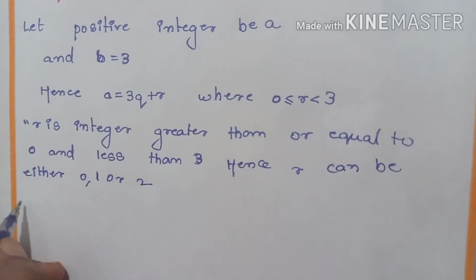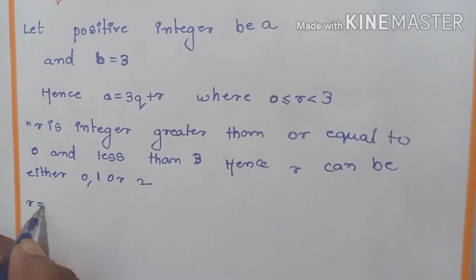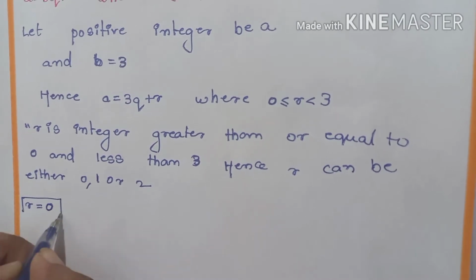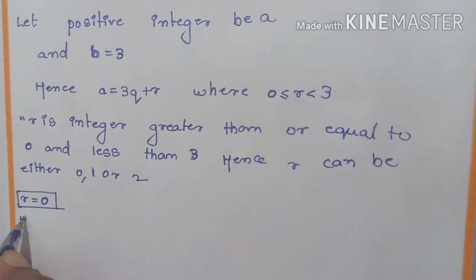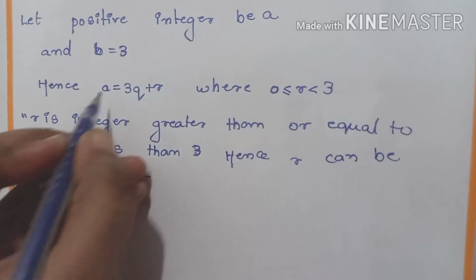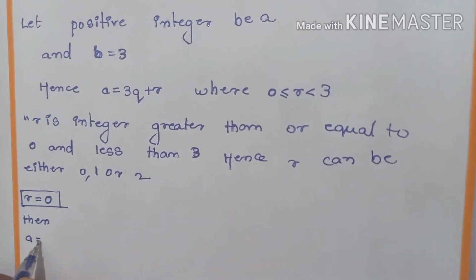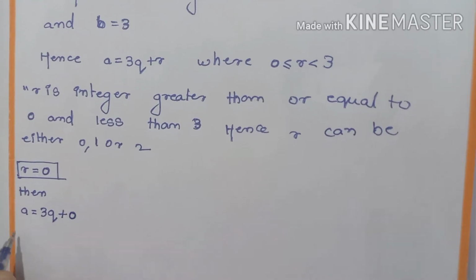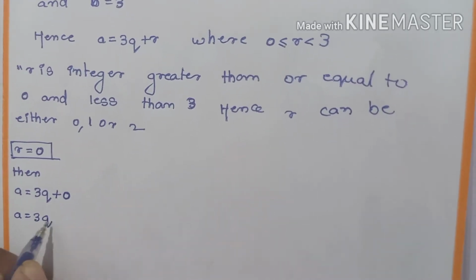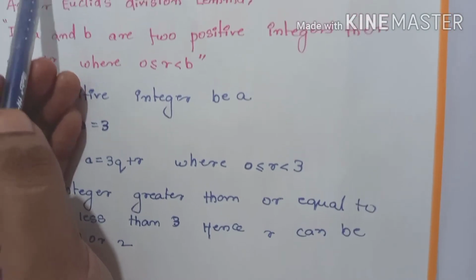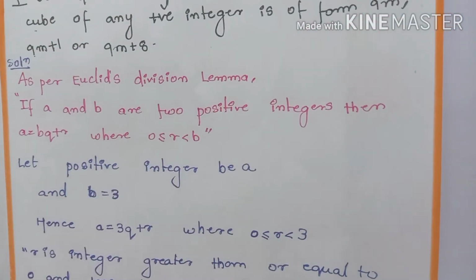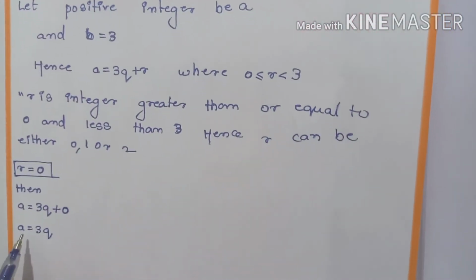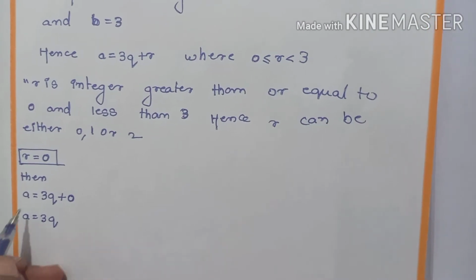Now let's start the checking. If r is equal to 0, substituting the r value in a equals 3q plus r, we get a equals 3q. In the question they have asked about the cube of positive numbers. In the previous question we squared both sides; now it is a cube, so we have to cube both sides.